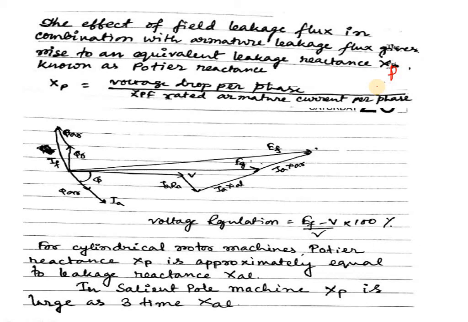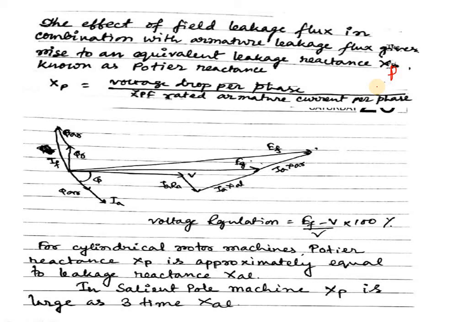IA is the full load current lagging behind V by an angle phi, and cos phi is the power factor of the load. Then the voltage drop IARA in the armature resistance, if we consider it, is drawn parallel to IA.